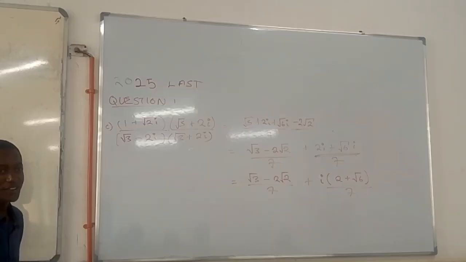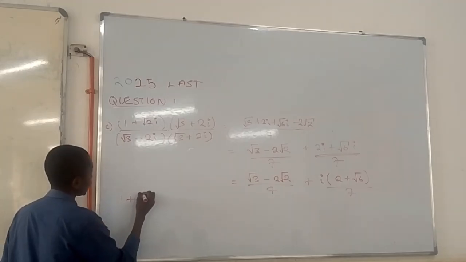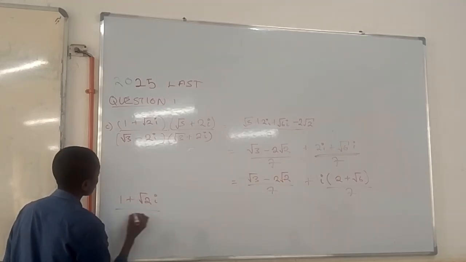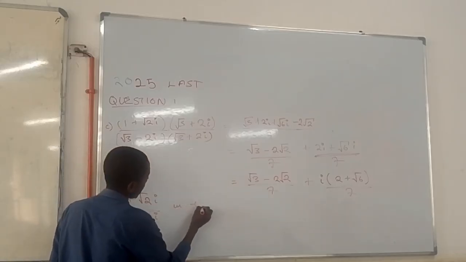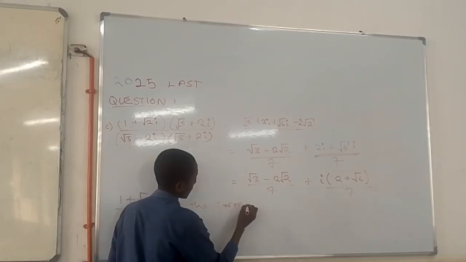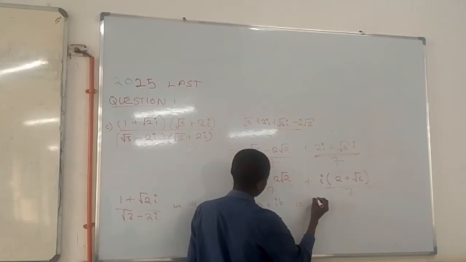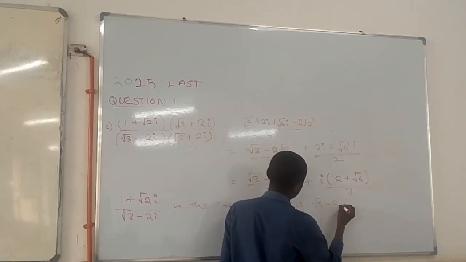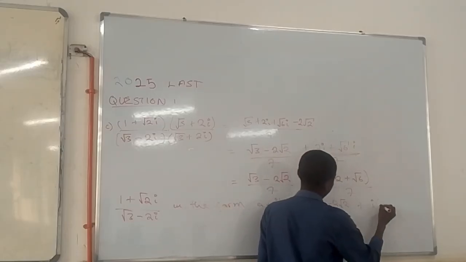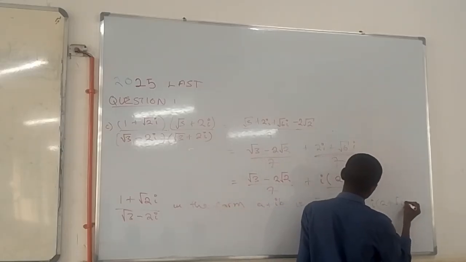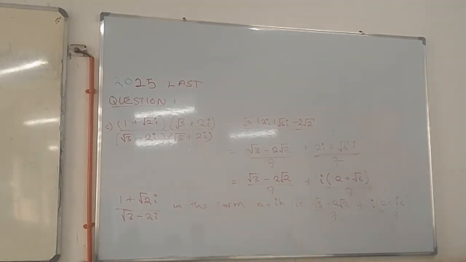You don't know. Okay, so you say that you're supposed to say 1 plus 2I over 3 minus 2I in the form A plus IB is. That's the statement that you are supposed to put.